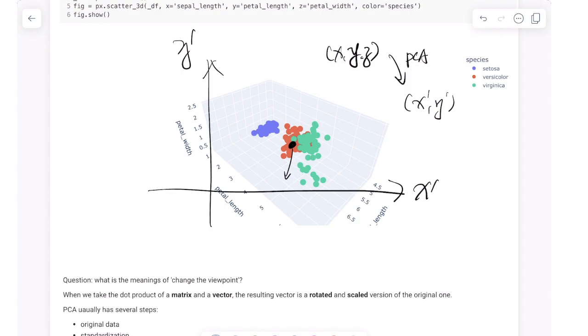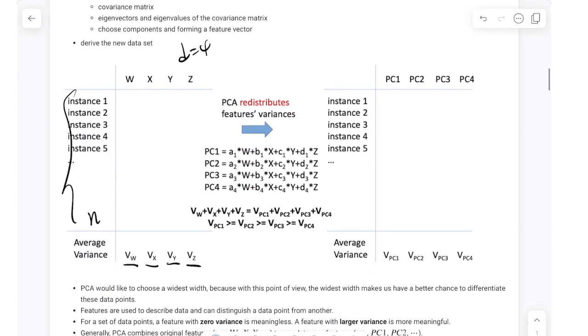Since you simply rotate the data, the distance between each data point does not change, because every data point rotates together.